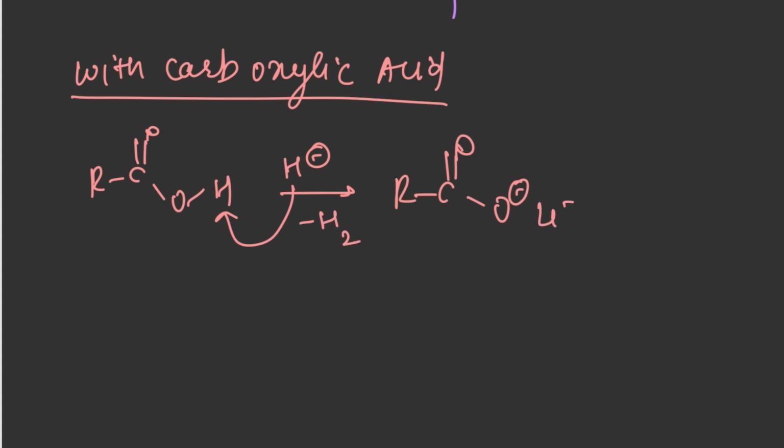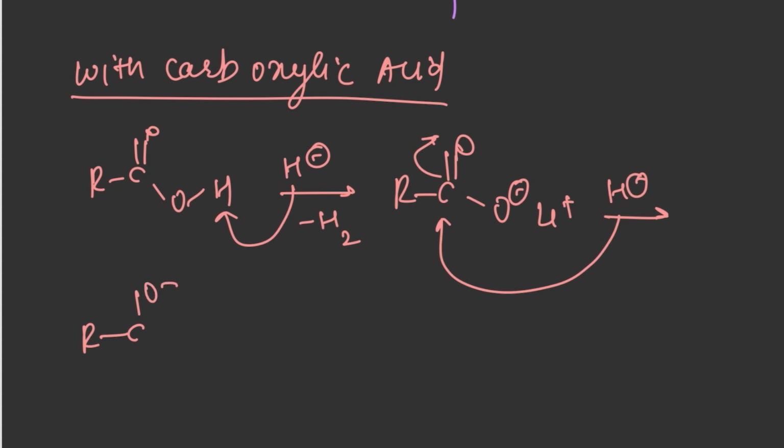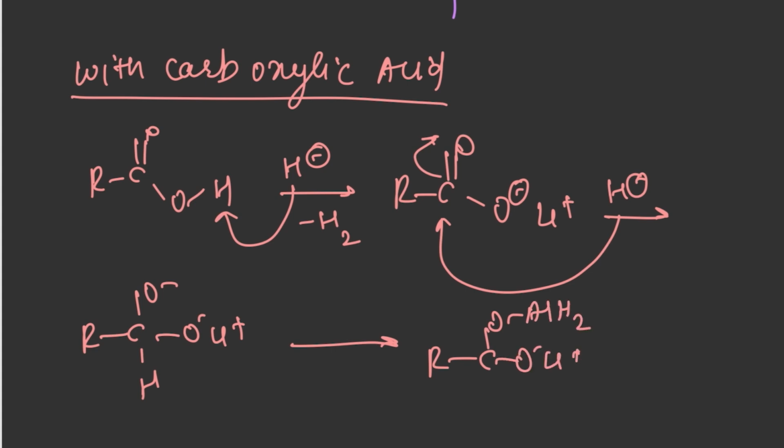Again we have H minus, which will attack over here, and this bond will go up. It will form RCO minus with Li plus and bond with AlH2. We have AlH3, so it will form RCO AlH2 O minus Li plus and hydrogen. This bond will go and the group will leave, forming RC=OH.